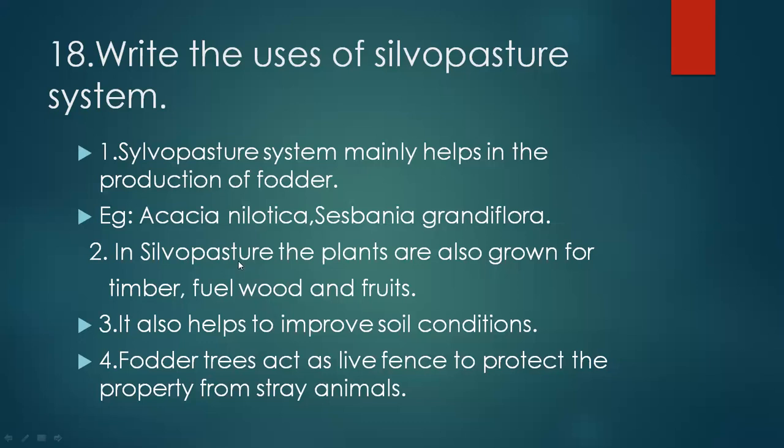So fodder production, Acacia and Sesbania, grown for timber, fuel wood, and fruits, helps to improve soil condition and act as live fence. The trees act as live fence in this culture methodology.